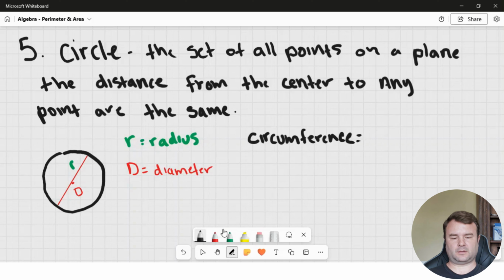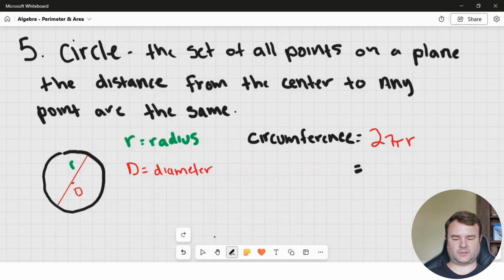And here, circumference is defined as 2 times this mathematical constant known as pi times the radius, or it's also known as the diameter d, times pi.